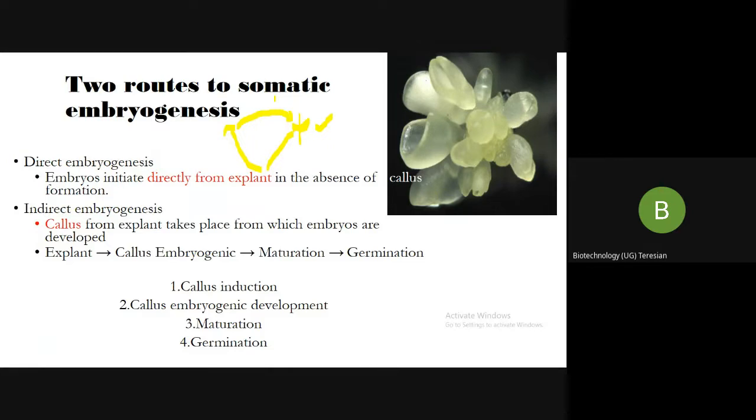So, what is actually leading to the development of the explant directly into somatic embryo formation is that there are what are called pre-embryonic determined cells.